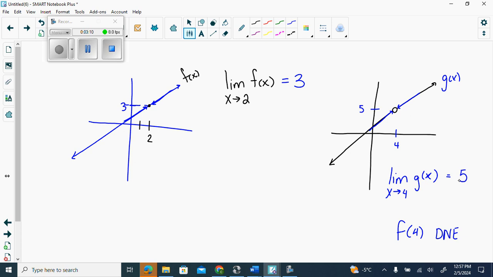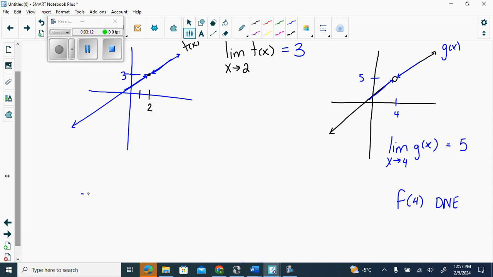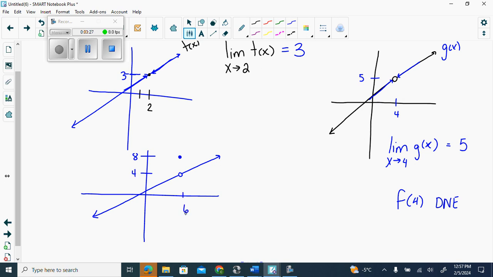Okay, what happens if I do this? Remember, we're just trying to wrap our head around something. So now I'm going to ask you the limit as x approaches 6, right?